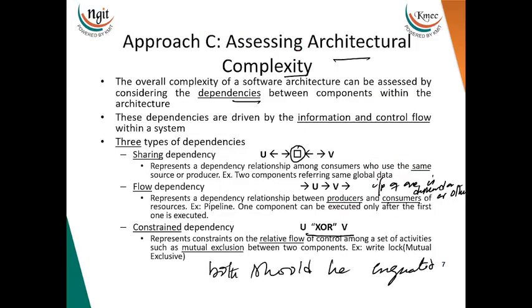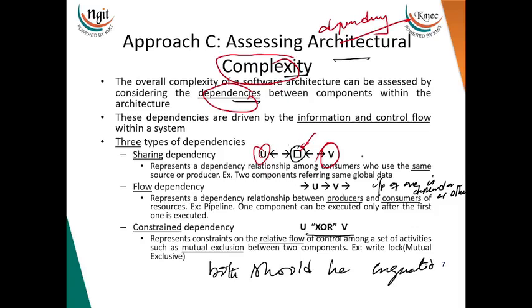Next one: assessing architectural complexity. The overall complexity of the system architecture has to be defined based on dependencies. There are different types of dependencies. Shared dependency: for example, a memory that is shared by two components, the same repository shared by both.